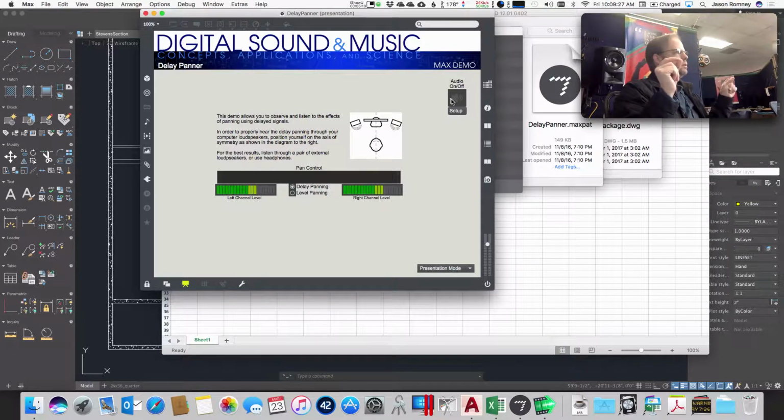You just put things louder in one channel than the other, and it gives you the impression that it's moved in that stereo field. But what he was researching is what role time played in that perception as well, and he realized that time can play a role in that perception.